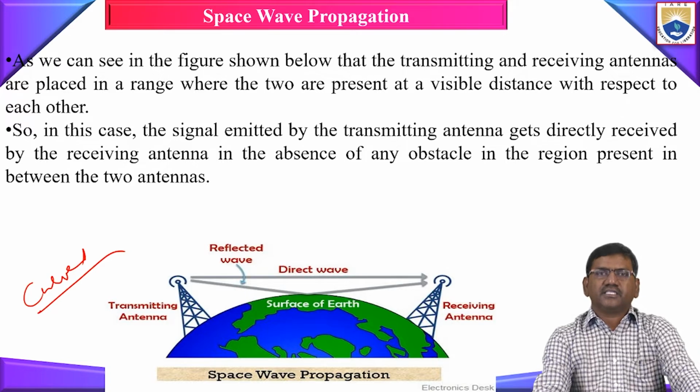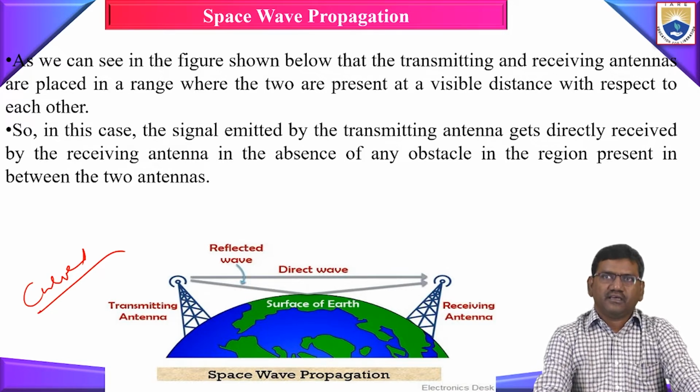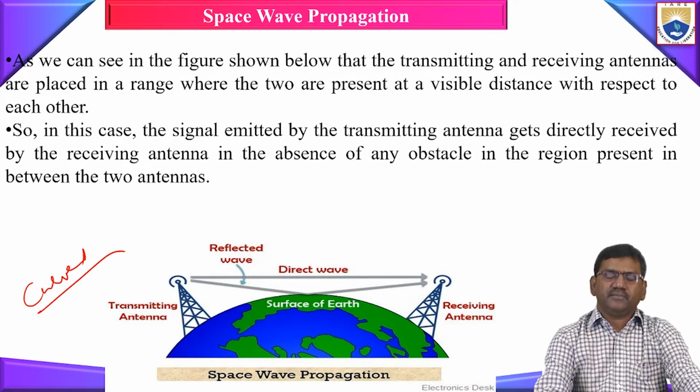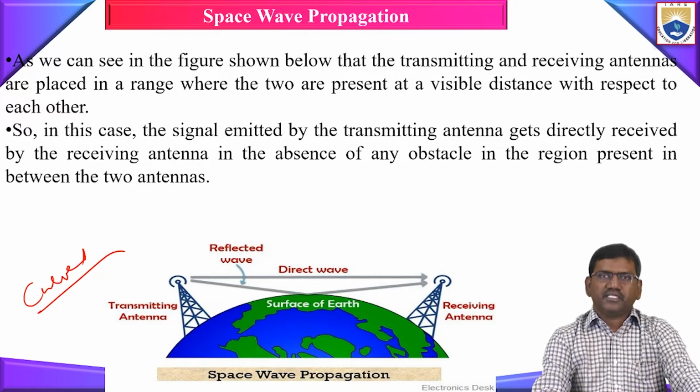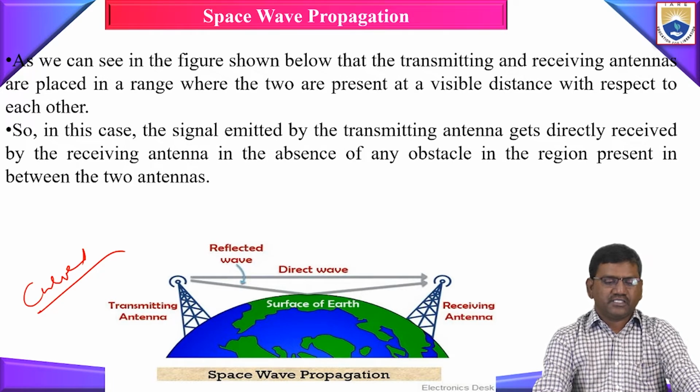Both are placed at a limited distance from each other, so the transmitting antenna can see the receiving antenna, and the receiving antenna can also see the transmitting antenna. Both are visible and placed at a finite distance.